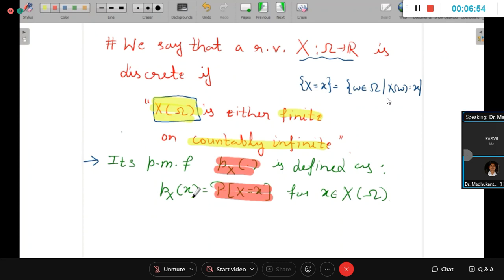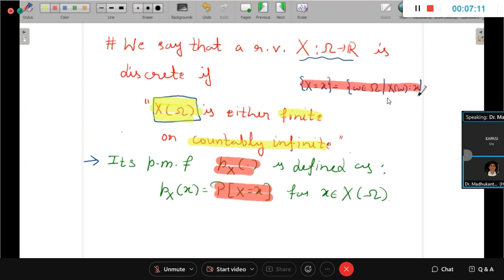I hope you are now comfortable with the notation that X equals x means the set of all possible outcomes omega in the sample space such that X assumes the value x.